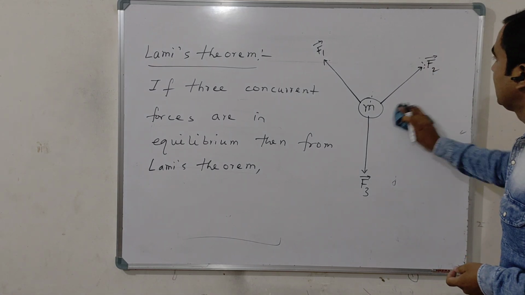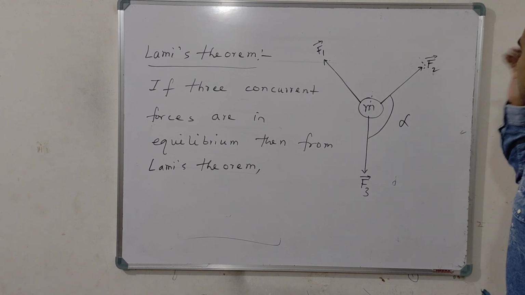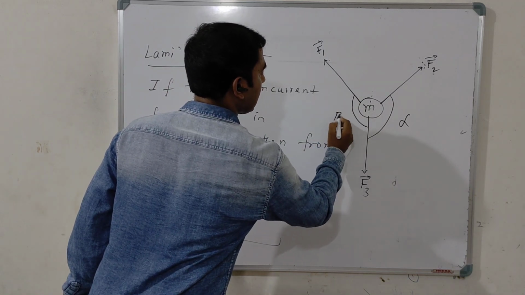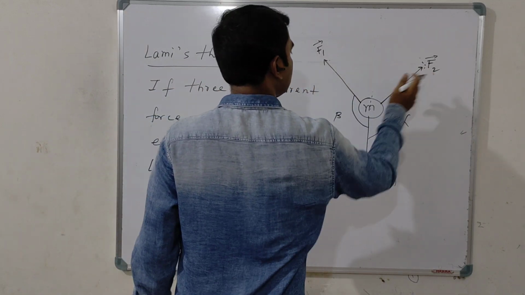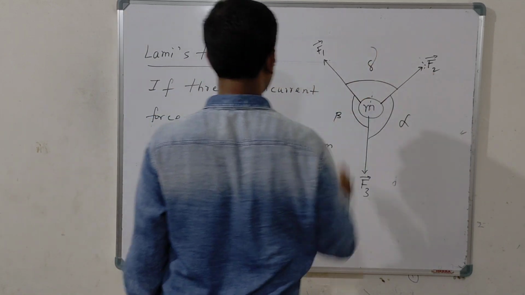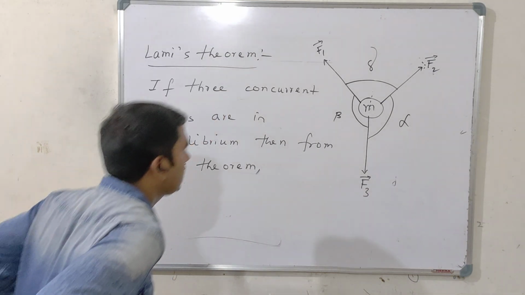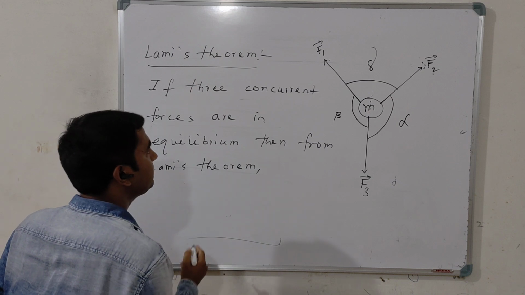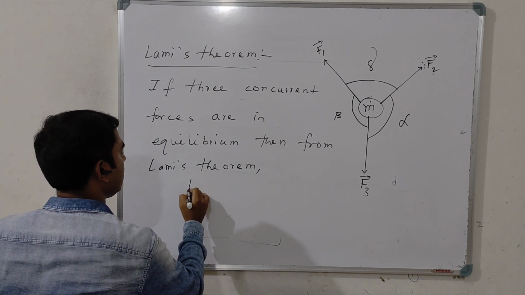Consider the angle between F3 and F2 vector is alpha. Consider the angle between F1 and F3 to be beta. Consider the angle between F1 and F2 to be gamma. Then M will be in equilibrium. Lami's theorem will be applicable here.